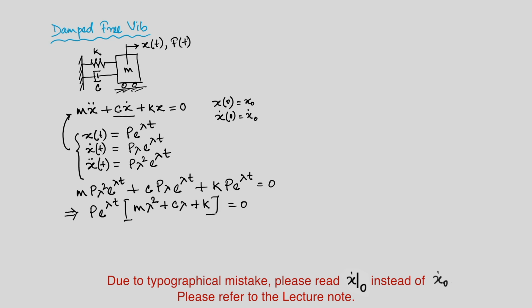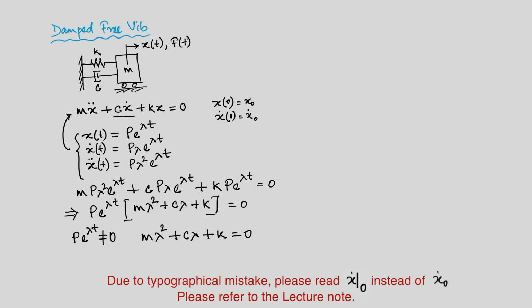Obviously p e to the power lambda t is not equal to 0, because in that case we will have a trivial solution. That means we have m lambda square plus c lambda plus k is equal to 0.